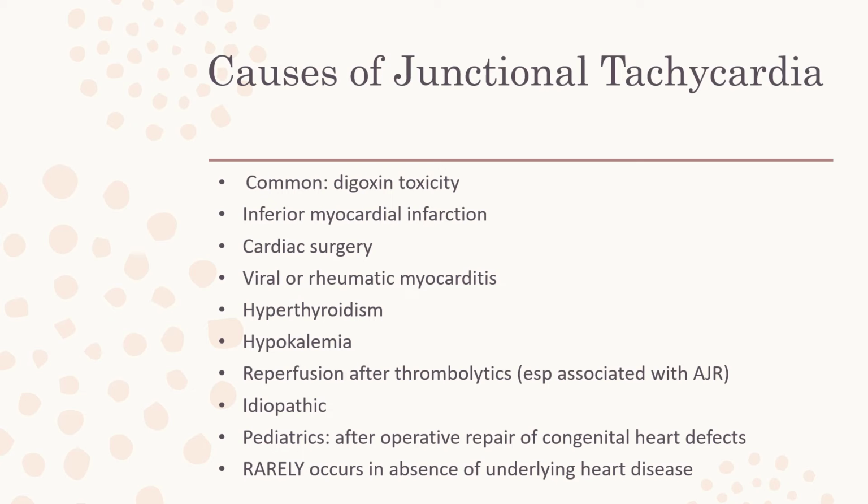A very common cause is reperfusion after thrombolytics. If they've given TPA and they've got reperfusion of a coronary artery, that's especially associated with accelerated junctional rhythm. It can be idiopathic. In pediatrics, it can happen after operative repair of congenital heart defects. It rarely occurs in the absence of underlying heart disease.